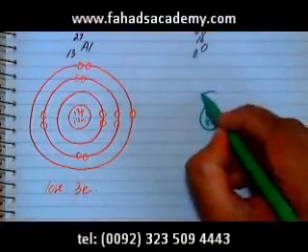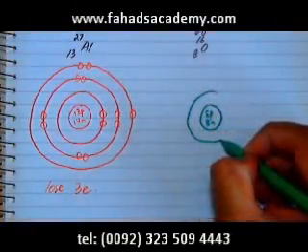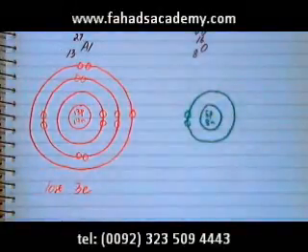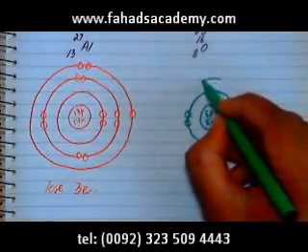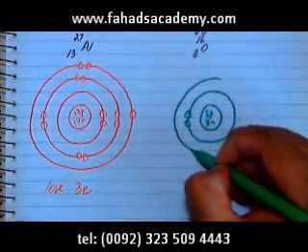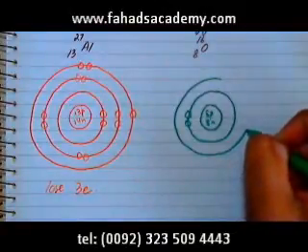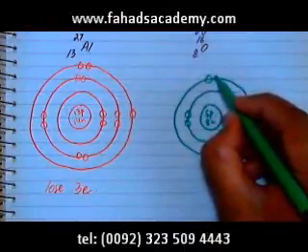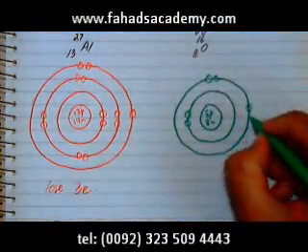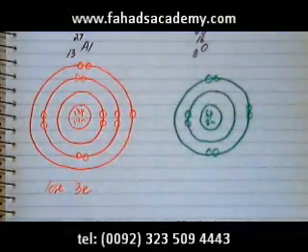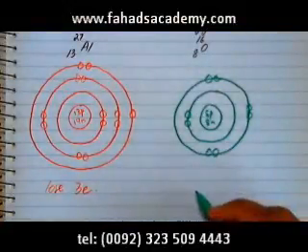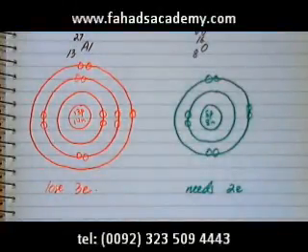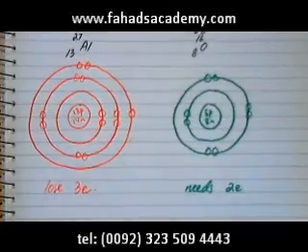There would be 2 electrons in the first shell, and 6 electrons in the second shell. So oxygen needs 2 electrons to complete its outer shell. So the number of electrons gained and lost are not equal.